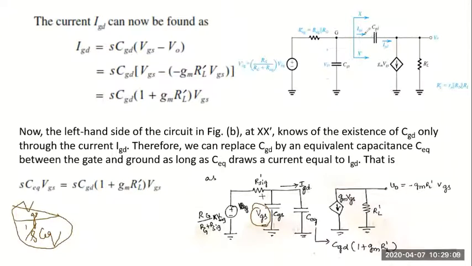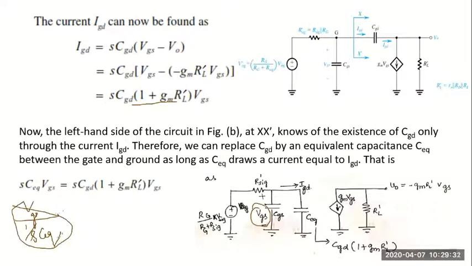Remember, we had derived the current IGD through this capacitance CGD in this equation. We want this current IGD to be same as the current through this capacitance. Then I can replace CGD with the C equivalent. So I'll write the right hand side as S CGD into 1 plus GM RL dash VGS, which was our IGD.